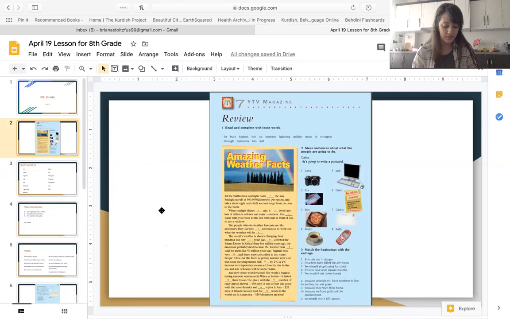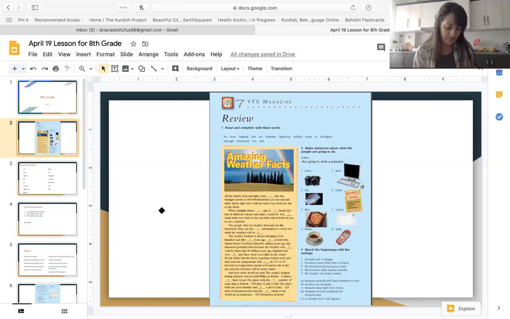Number 10, England was very, what is number 10? Hot is the answer. There were crocodiles in the water. The answer is hot.